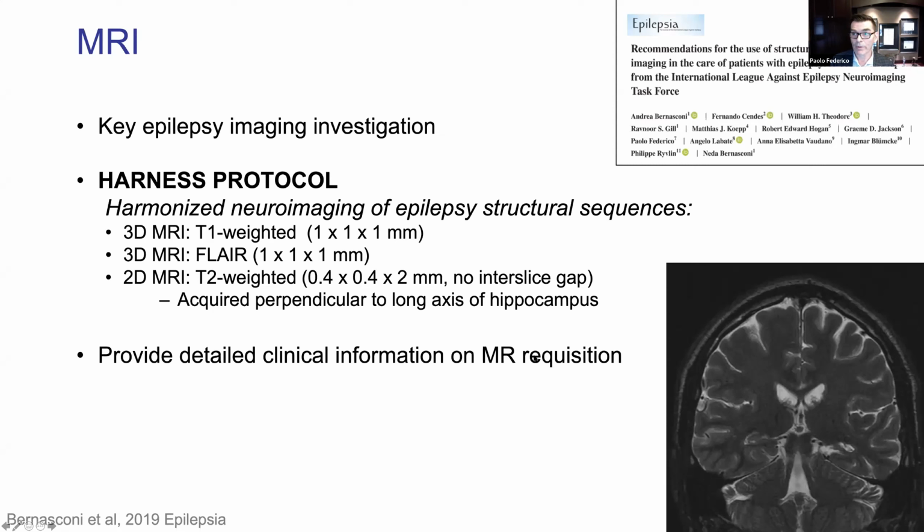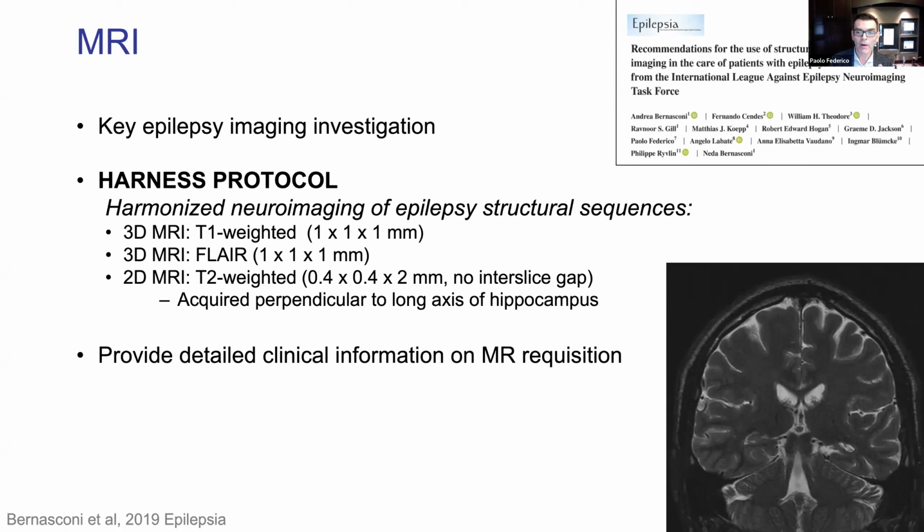What's also equally important, and I'll highlight in the next slide, is that it's very important to provide detailed clinical information on your MRI requisition. It's important to help the neuroradiologist help you. If you put on an MRI requisition, seizures NYD, they won't perform a focused review of the MRI scan. They'll do the general review and probably look at the temporal lobe.